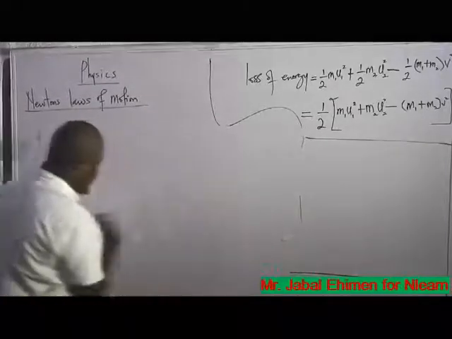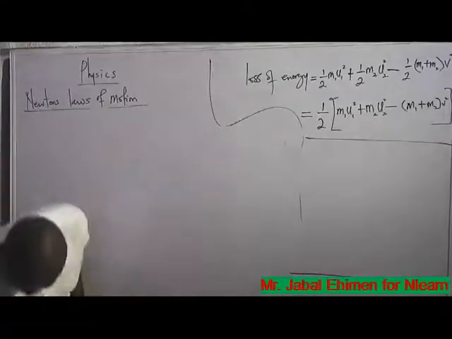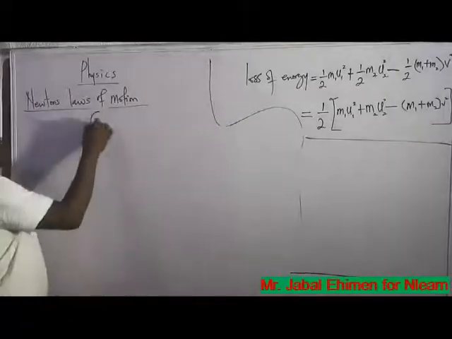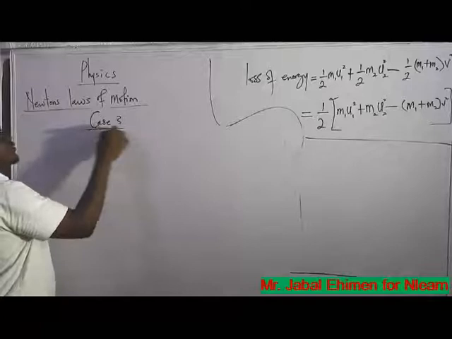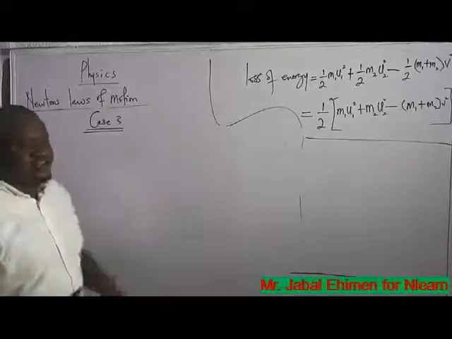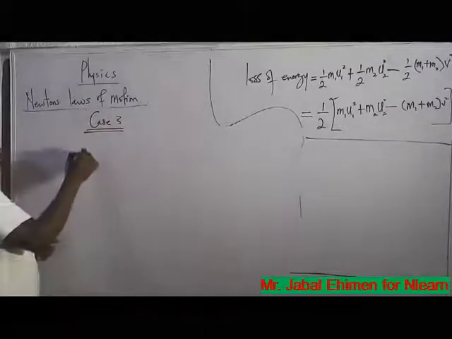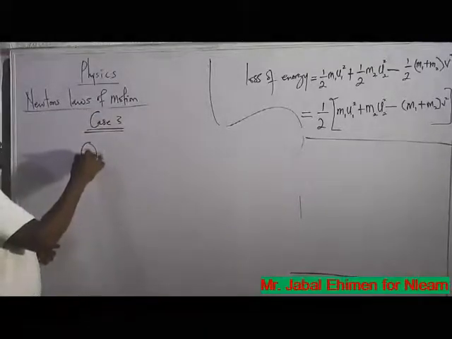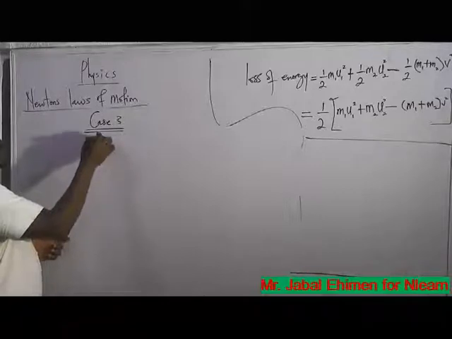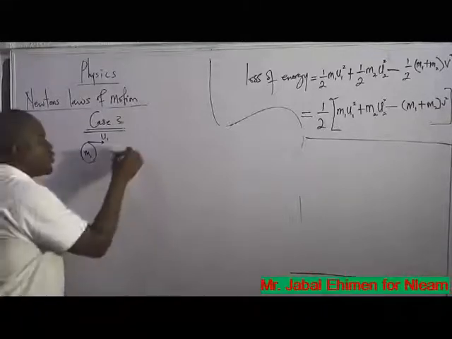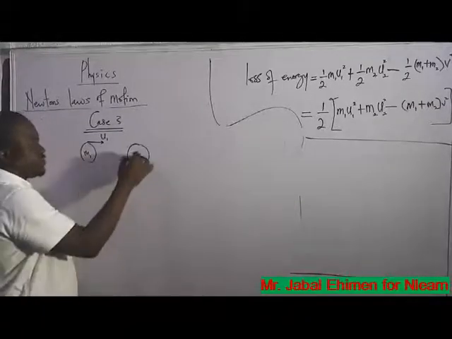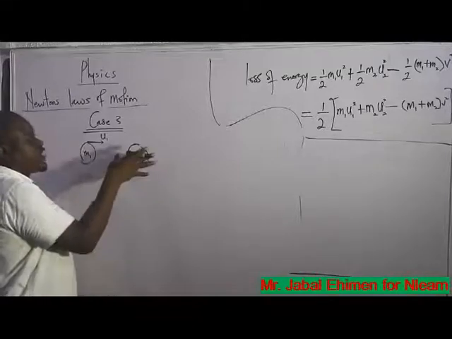Now take a look at this. Case 3. This case is when a body M1 is moving with an initial velocity U1, collides with another body M2, but M2 has a problem.